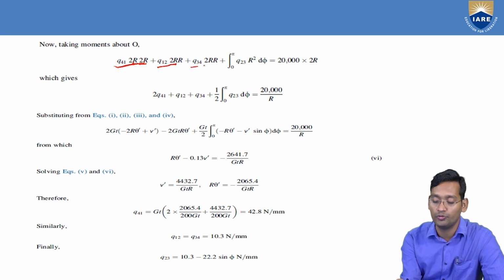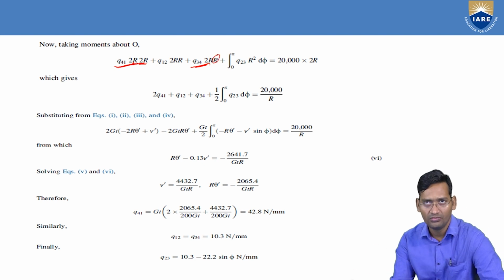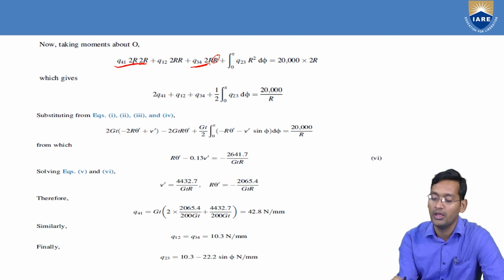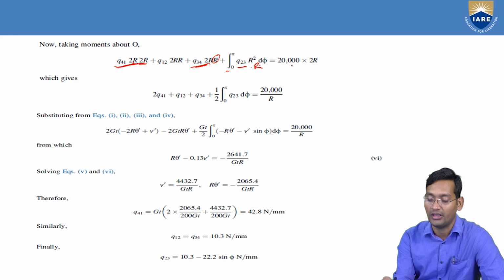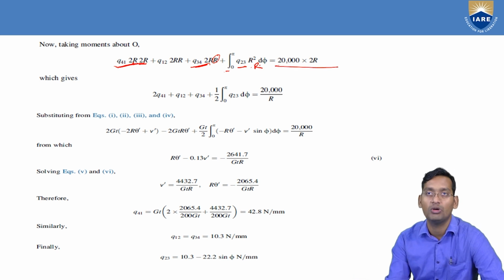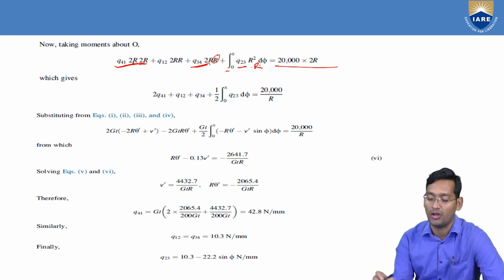Similarly for Q34, 2R is the force and R is the perpendicular distance. And for Q23, the integral of 0 to pi Q23 into R, that is already given, and the distance is R. So R and R becomes R square d phi, which equals 20,000 into 2R, with 20,000 at distance R.